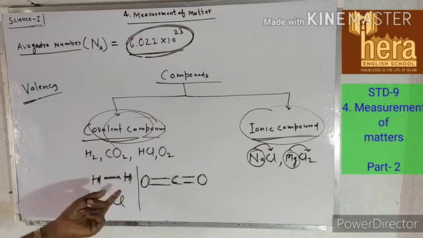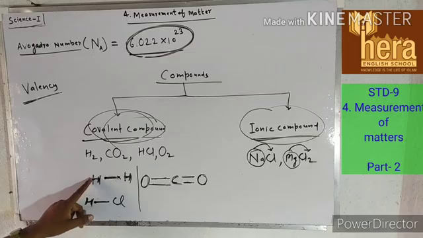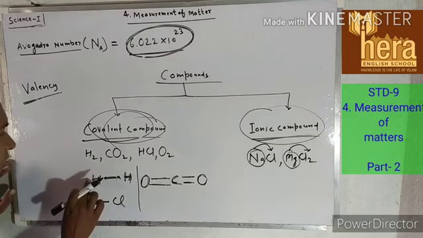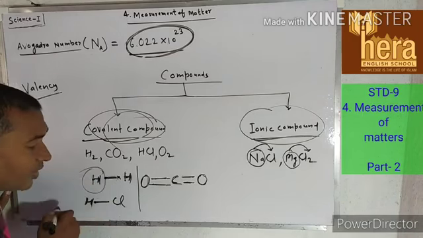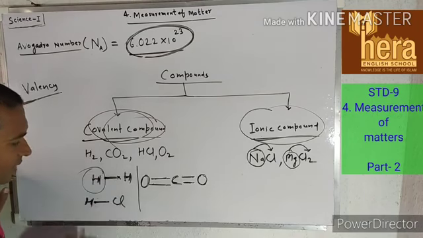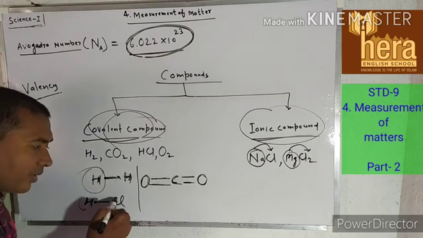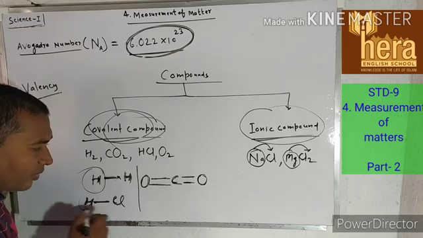For example, in this case, hydrogen, there is one chemical bond for this hydrogen, so valency will be 1. Again here valency for this hydrogen is 1. Similarly, there is one chemical bond, so the valency of chlorine will be 1.